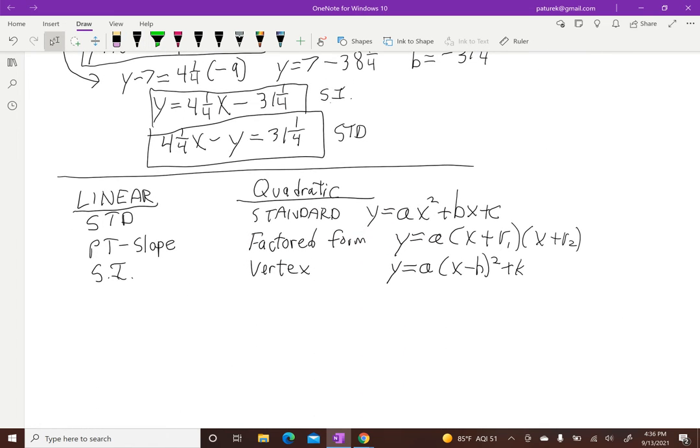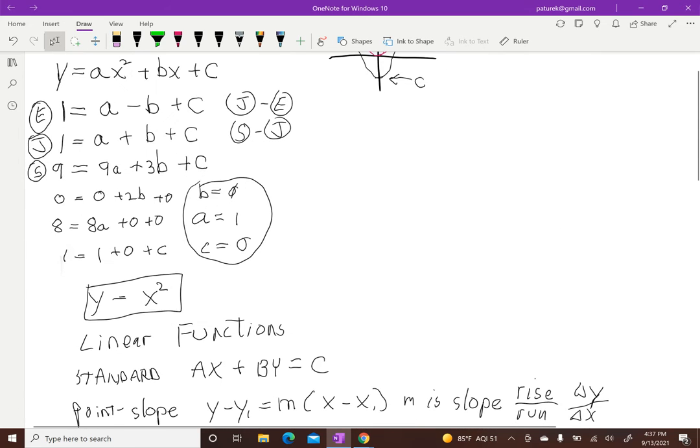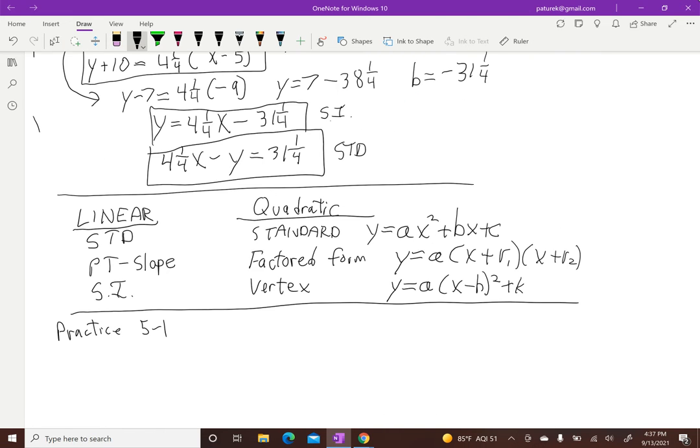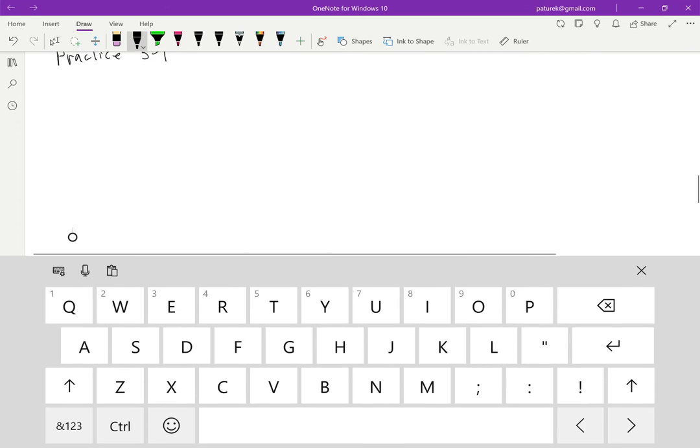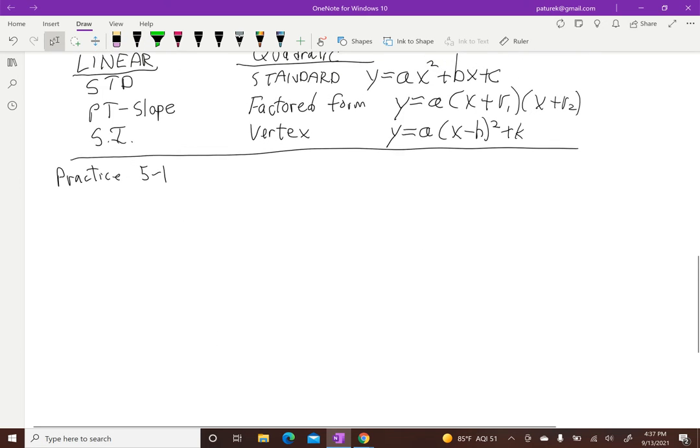I'm going to do a second example, and this is all from a handout in class today called Practice 5-1. I will do number 2 as an example of the same thing. This first one today was number 1, and this second one will be number 2.